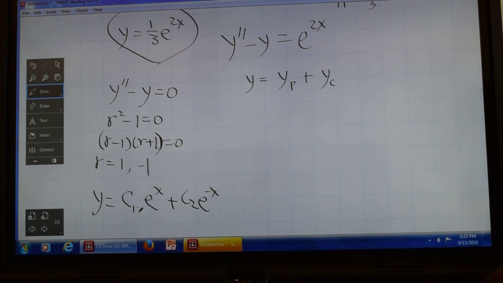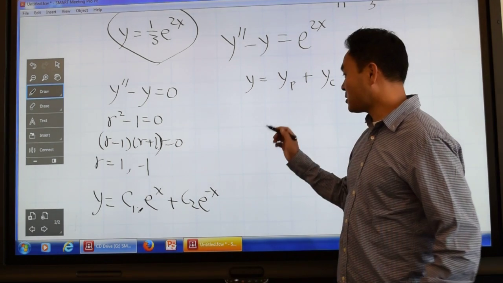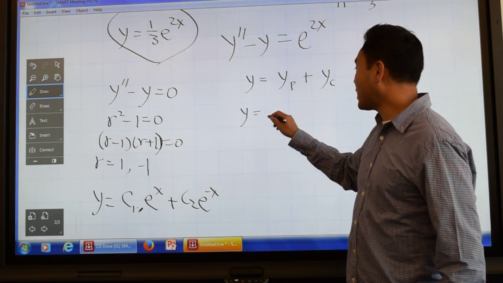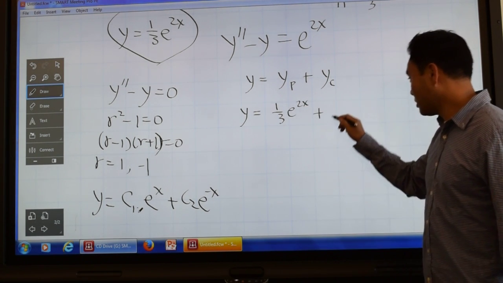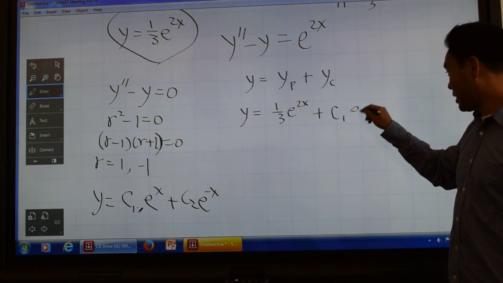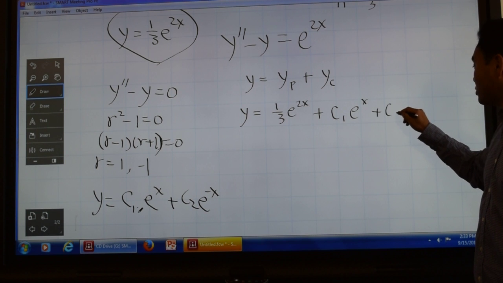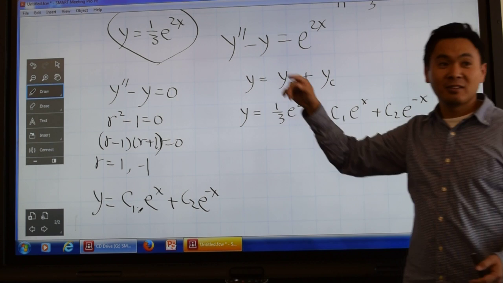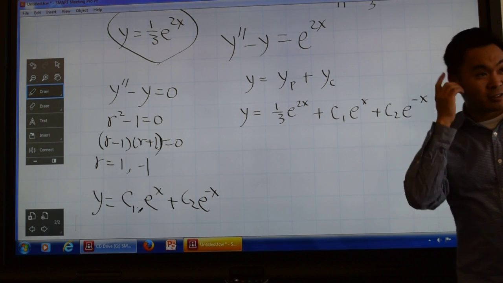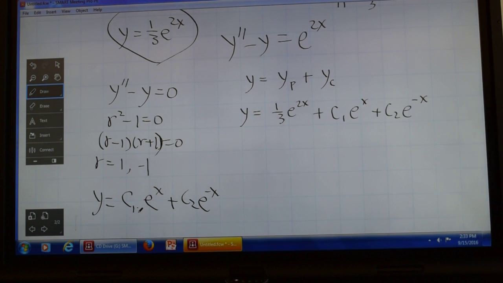I'm claiming that if you add them, you get the general solution. In other words, if I do 1/3 e to the 2x and add to it C1 times e to the x plus C2 times e to the negative x, in the left side it's going to create e to the 2x and it'll be the general solution. Why would that work? Do you see that it's going to work?